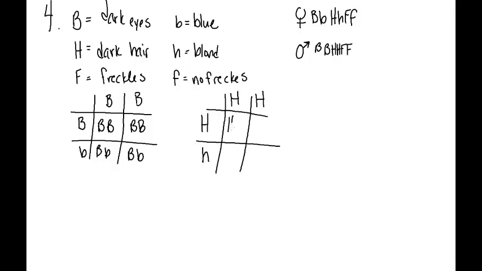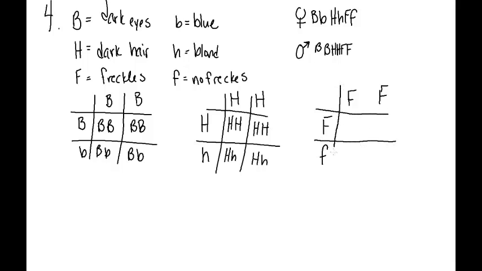We'll just fill that in very quickly. And then we're going to do the same thing for the freckles. You should be noticing that all of these ratios are coming out exactly the same for being homozygous dominant, homozygous recessive, or heterozygous.